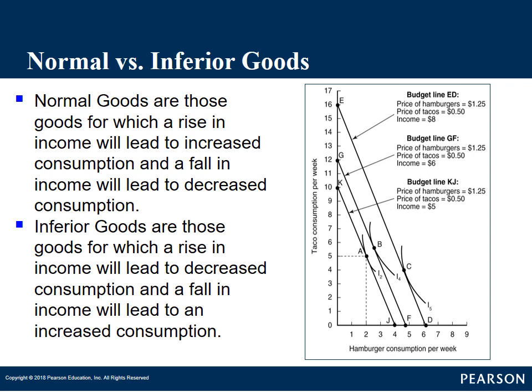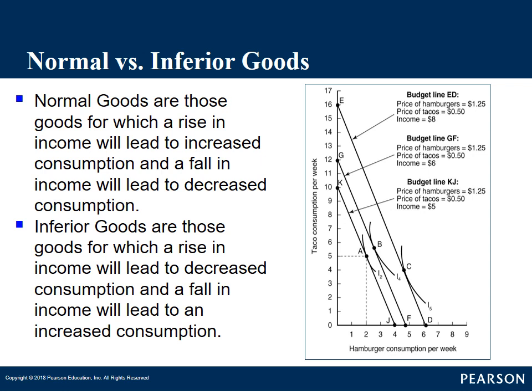And that's the difference between normal goods and inferior goods. So normal goods are those goods for which a rise in your income will lead to an increased consumption of that product, and a fall in your income will lead to a decreased consumption in that product.